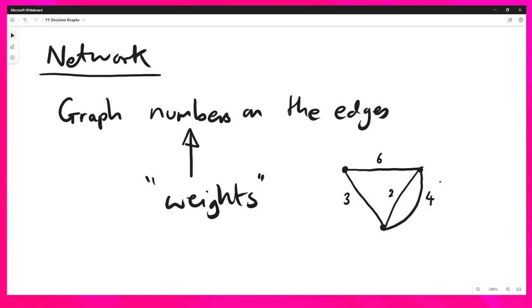This is an example of a network, and these are very, very useful. These weights could refer to anything. They could be distance, they could be time, they could be cost, and a lot of things in between. Graph theory goes far beyond what you'll be doing in the A-level decision unit.